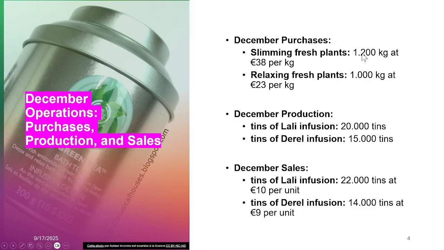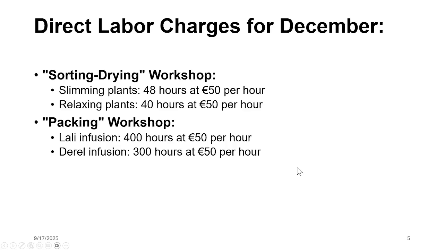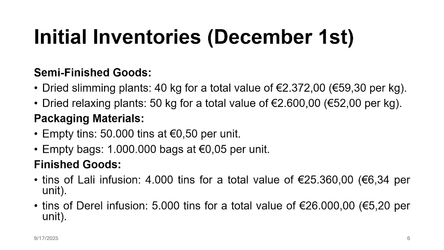So you have the information about the December purchases, the December production, and also the December sales, and other information about the direct labor charges for December in each workshop, so you can see how many hours and also the cost per hour.